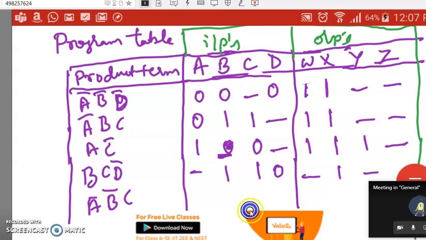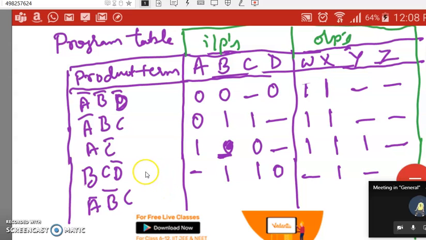Write down all the inputs, whether it is 1 or 0, based on whether it's a variable or a complement of the variable, and also write down in which functions this term is present. If it is there in a function, write 1. If it is not there in the function, write dash. Like that you should write down the contents in this program table. Since this problem is quite big, you have many terms here.